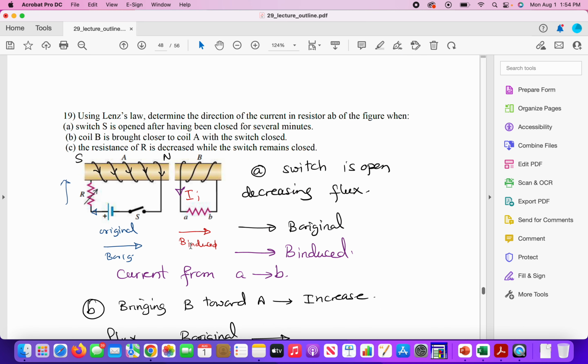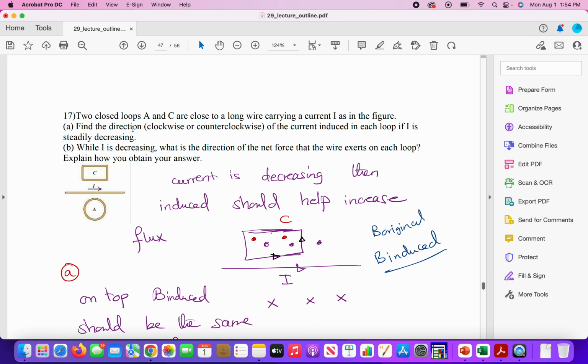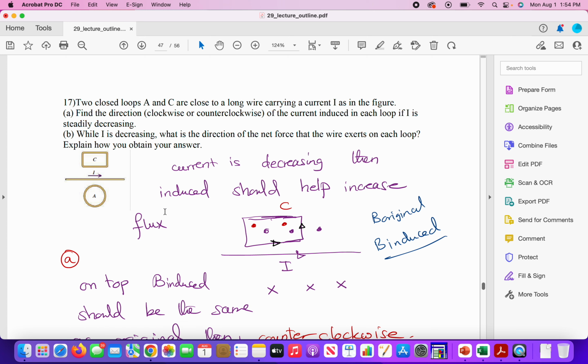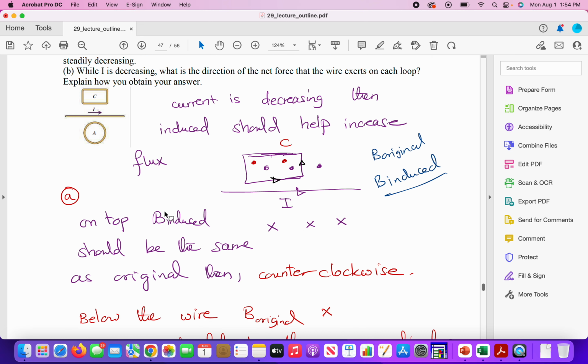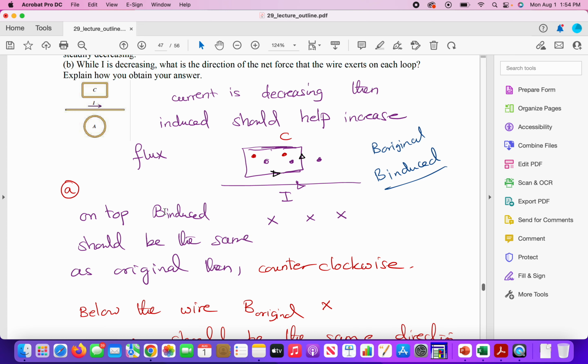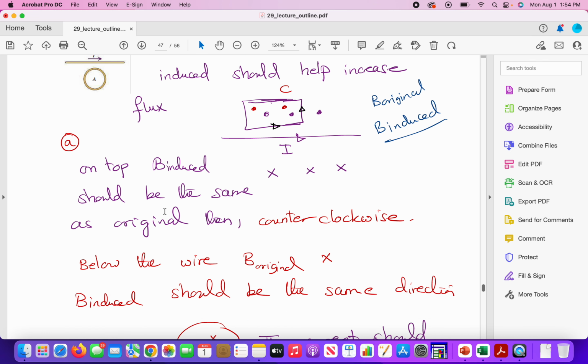All right, now the second part: while I is decreasing, what is the direction of the net force that the wire exerts on each loop? Explain how you obtain your answer.